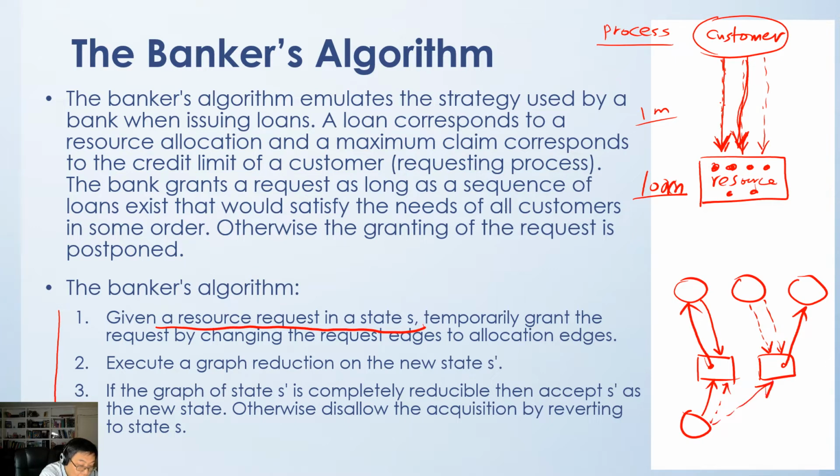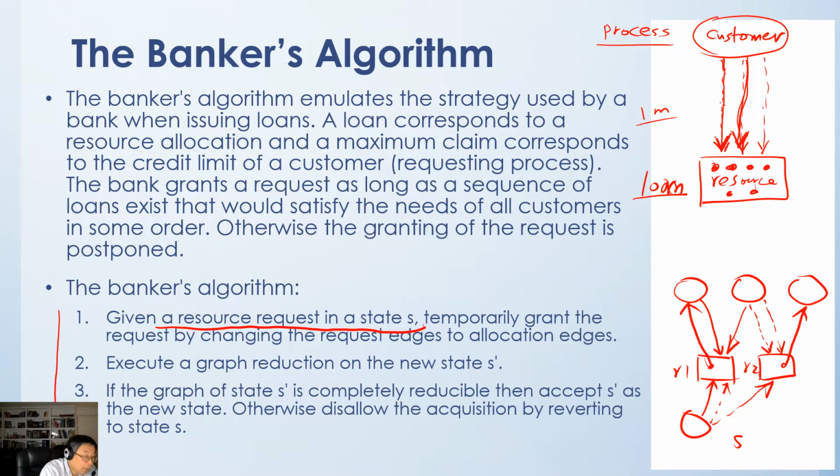So you have all this information here. So this makes a request for resource 1, resource 2, right? So suppose a resource request in a state S, that's the current state, is made.